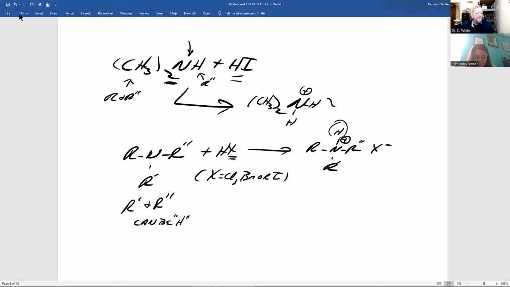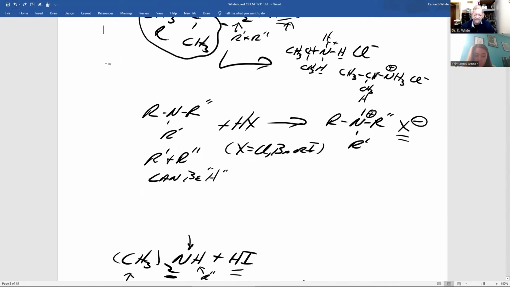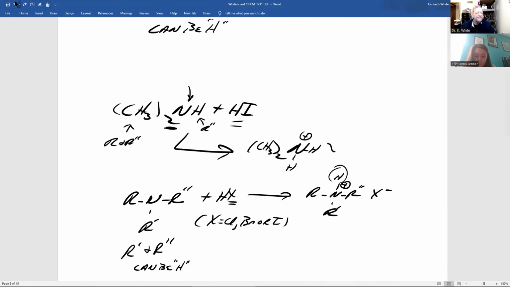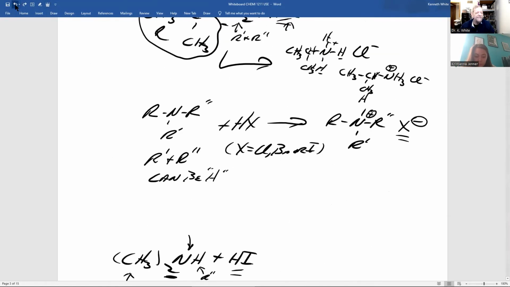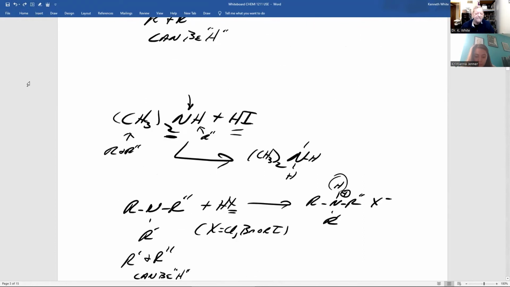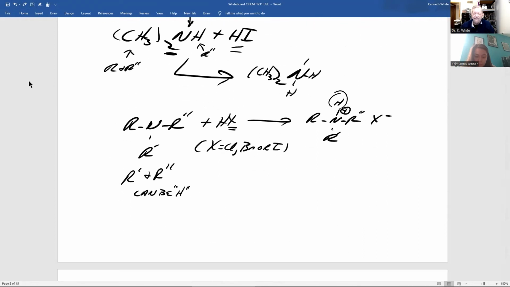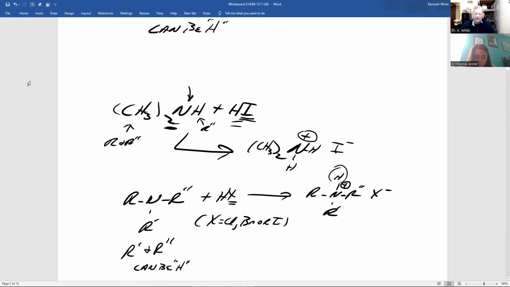And our X is iodine. And you could have also written it this way. And there's a third way, which I won't write, having each methyl group on the nitrogen.